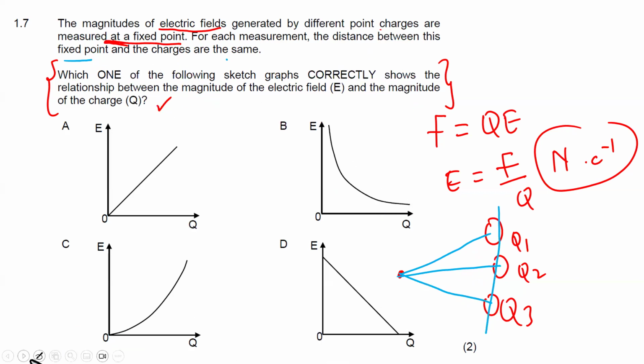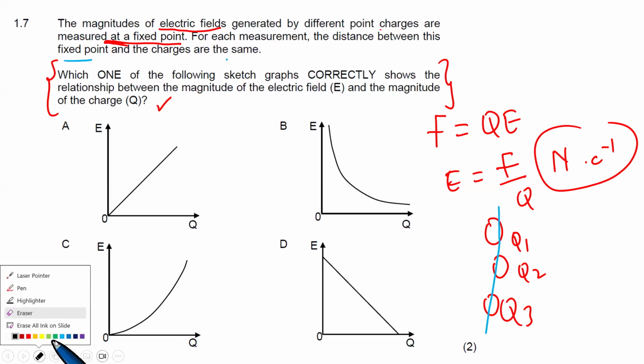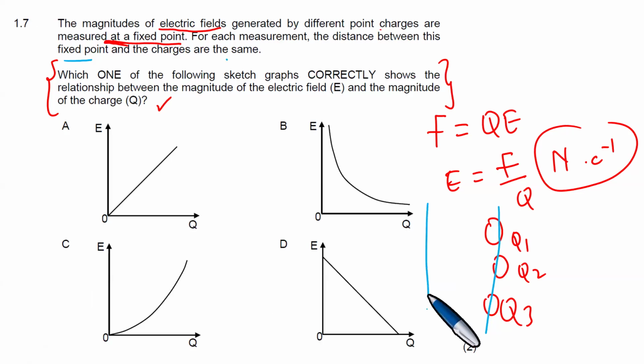So anyhow, if you have the fixed point and the distance is the same, you possibly place them there, but it's the same distance.